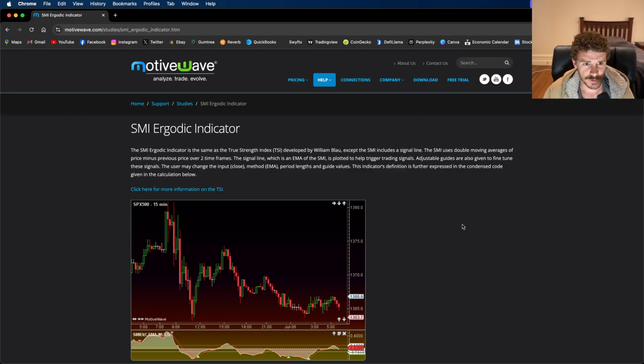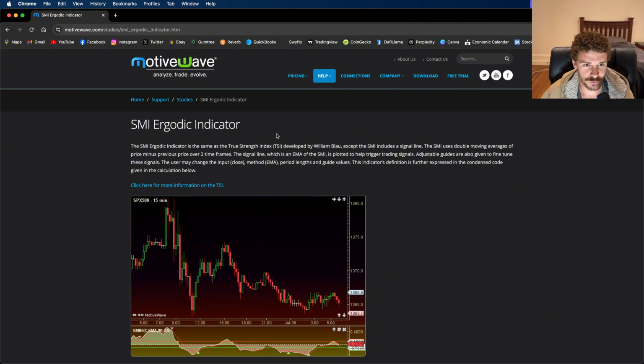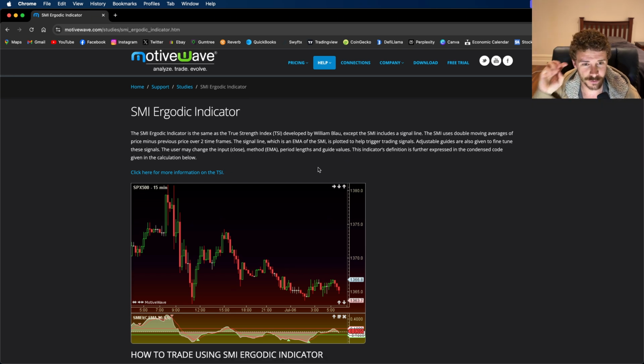So first up, the SMI. It's the SMI ergodic, okay, is the same as the True Strength Index, so the TSI index, developed by William Blau. Except the SMI includes a signal line. The SMI uses double moving averages, a price minus previous price over 2 time frames.